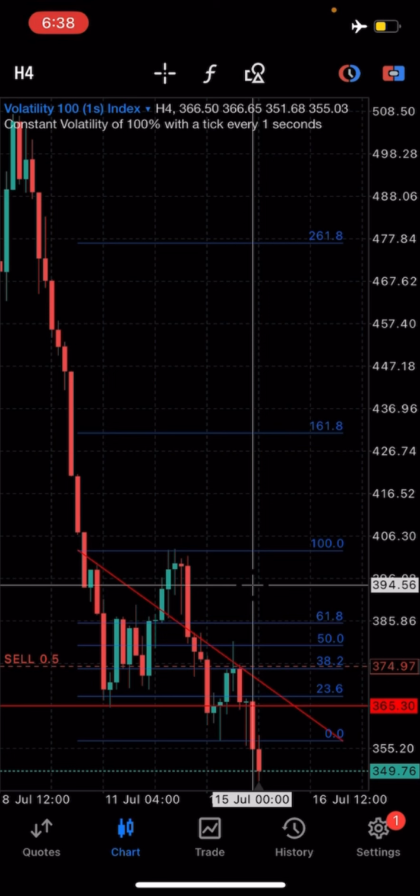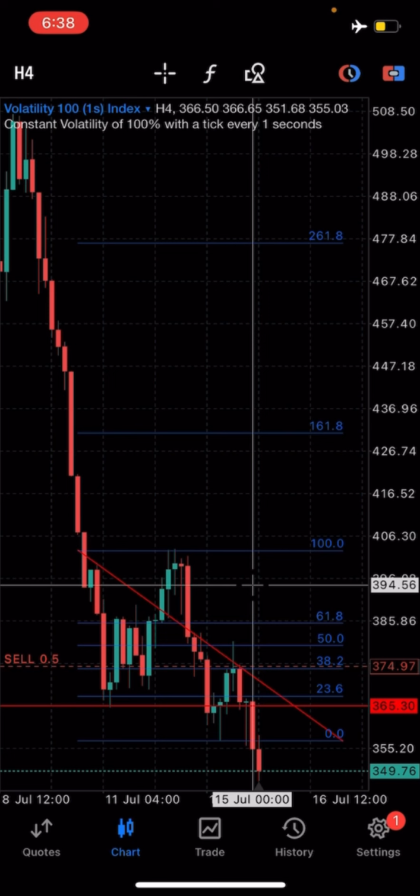Because what does it do? This Fibonacci tool gives you an idea of when a retracement is over. Let's say, for example, the market is bullish, forming higher high, higher low, higher high, higher low. As it's going up, it's definitely going to retrace down before shooting up again.